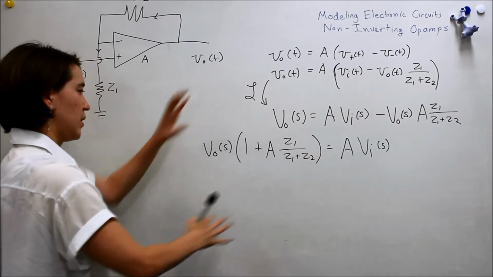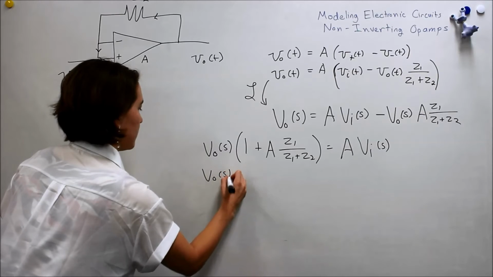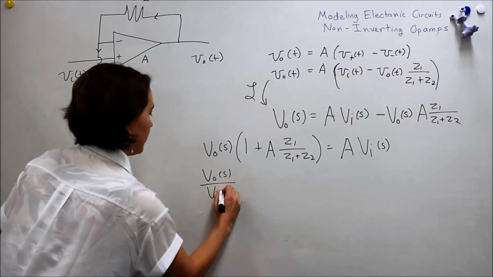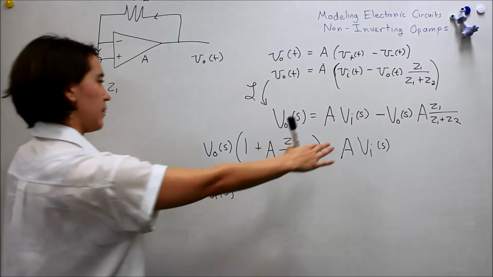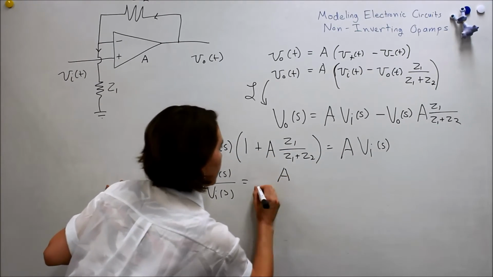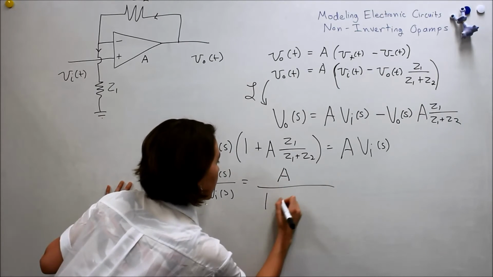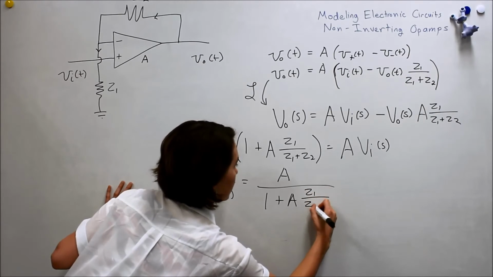Okay, so let's move around terms. What we really want, right, is Vout of s over Vin of s. So if we move that all around, we're going to get A, this term, over this term: 1 plus A Z1 over Z1 plus Z2.